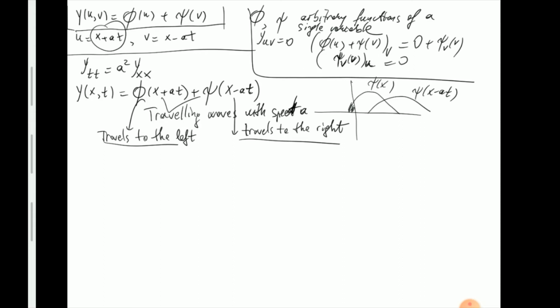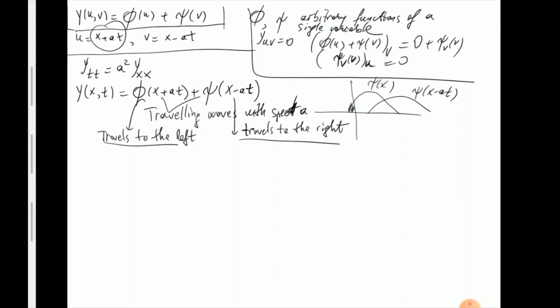We'll look at some intuitive examples with Maple later on, but this is basically the connection, that's why you can make this analogy, because of this argument, x plus at, x minus at. So x minus at implies a shift to the right, so as time goes on, that shift continues to move to the right hand side.